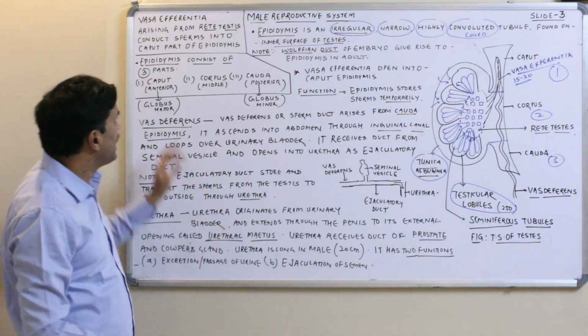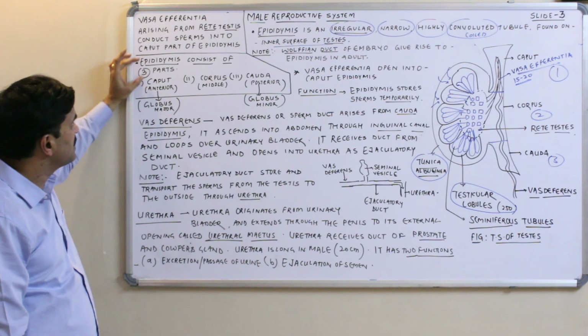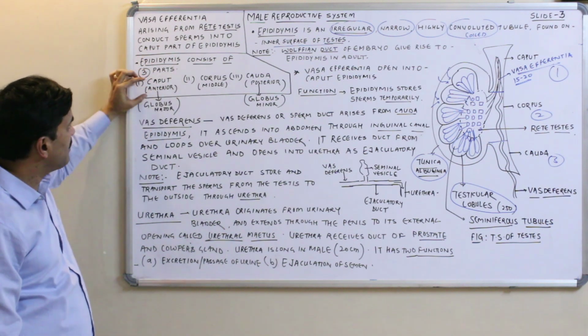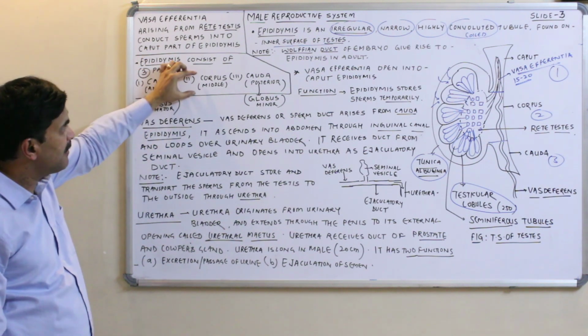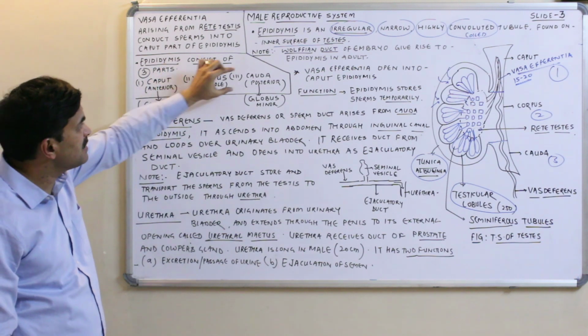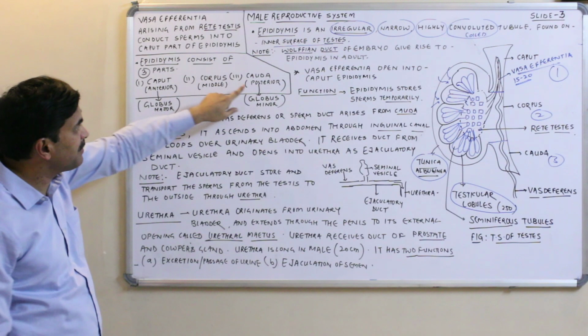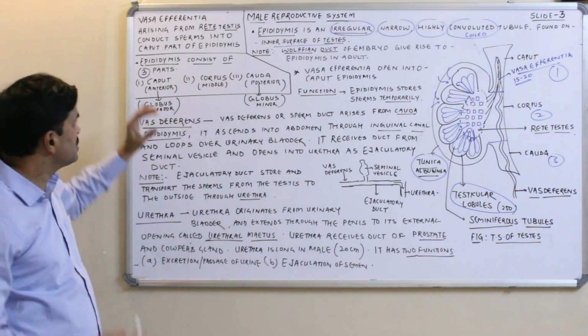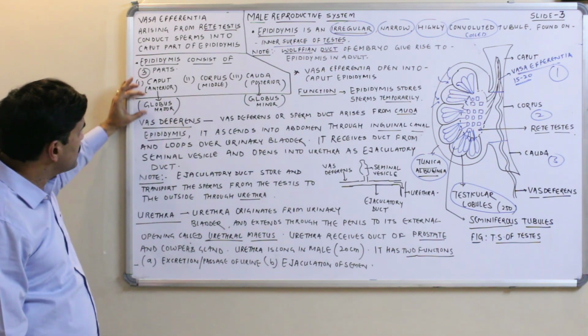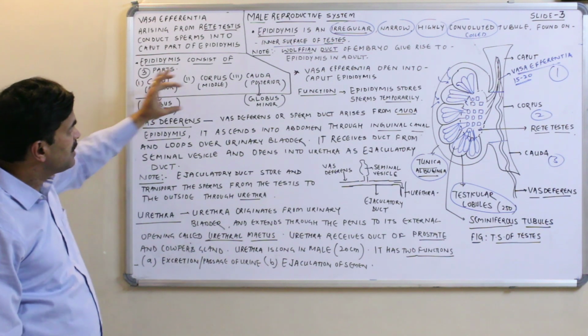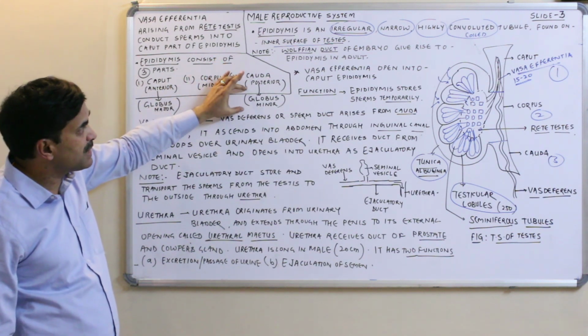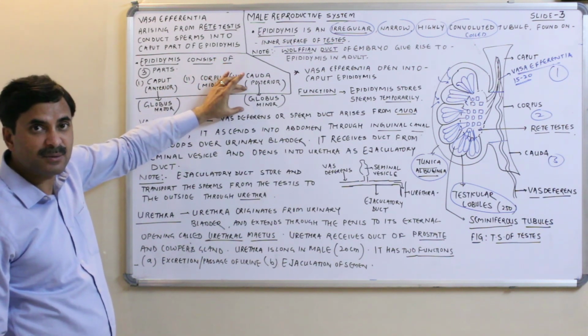So how many parts are there of the epididymis? Three parts: caput, corpus and cauda. Caput is the anterior epididymis, corpus is the middle epididymis, and the posterior epididymis is the cauda. Now cauda means caudal region, tail region. This caput part is also called globus major, and the cauda part is also called globus minor. Okay.